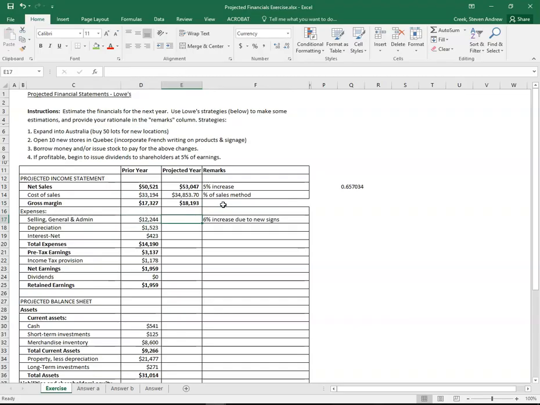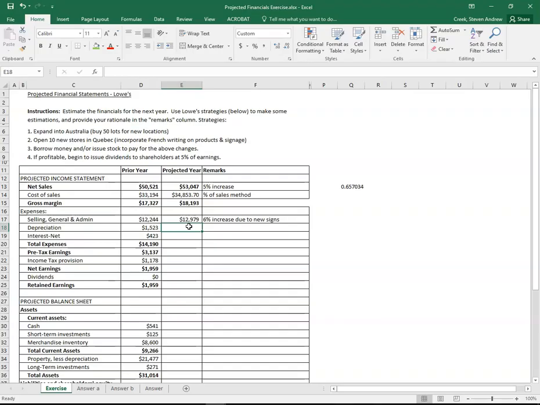And then we would just multiply last year's by 1.06 to get that 6% increase. So that brings us to depreciation. And depreciation, in my opinion, given our strategies up above, probably not going to change that much based on our recommendations. So I don't really feel a need to add a remark here.